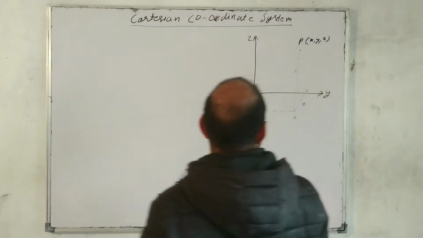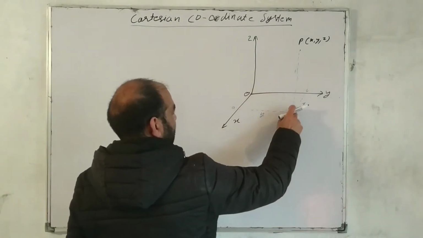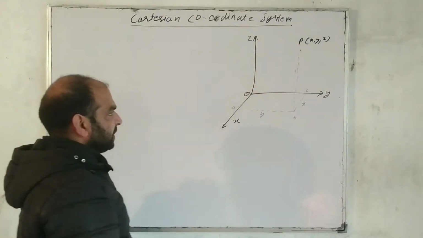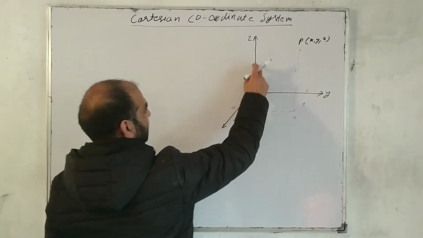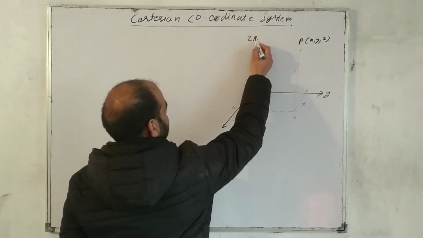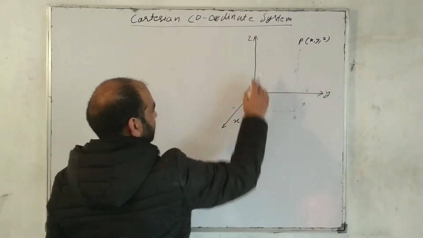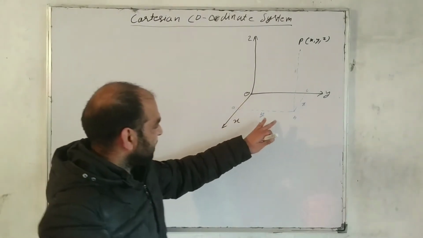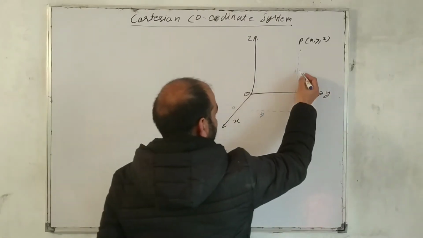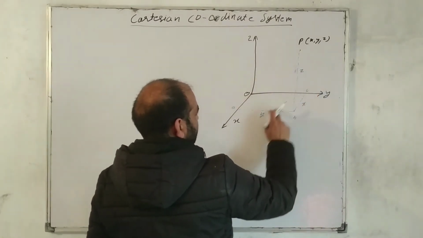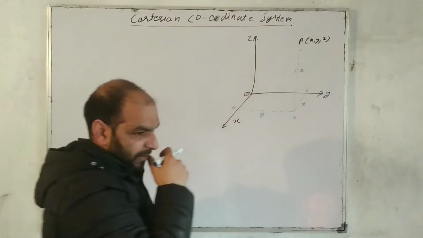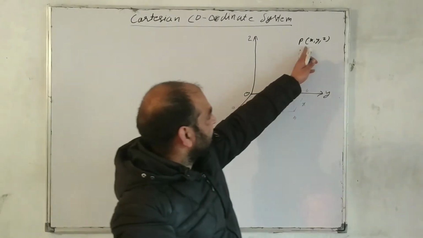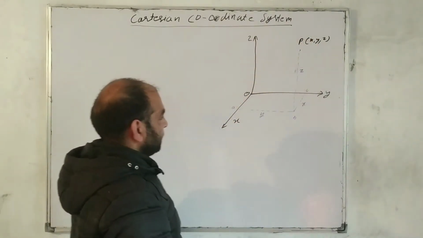And let this height be z. If this height is z, then its z coordinate will also be z. In this way we have the coordinates x, y, z of this point. That's why we write the coordinates x, y, z at point P.